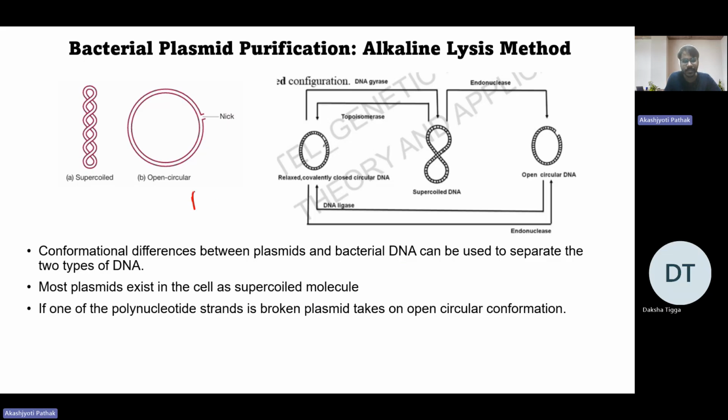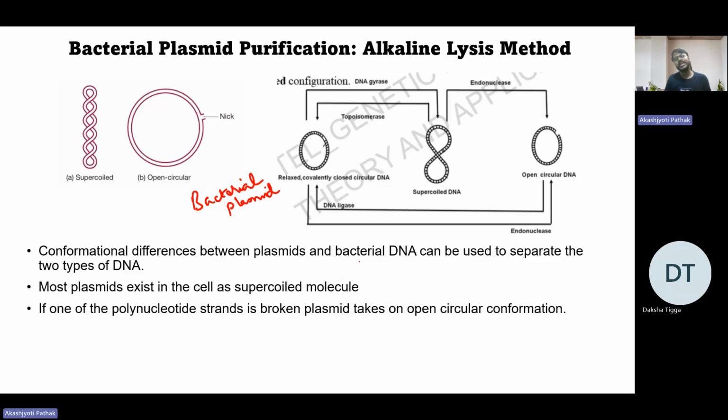A bacterial plasmid can have not only two, but actually four different conformations: supercoiled, open circular also known as nicked circular, closed circular, and linear. The alkaline lysis method distinguishes the conformational differences between plasmid and bacterial DNA to separate the two types of DNA.